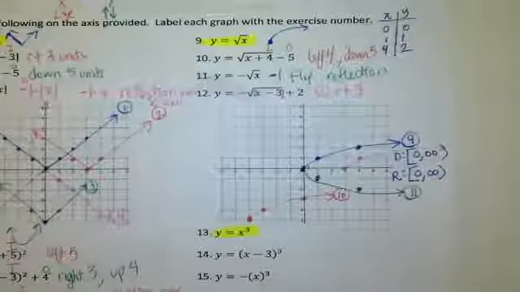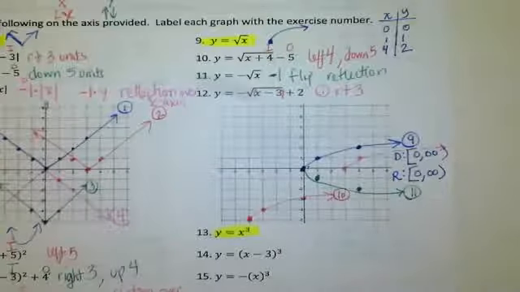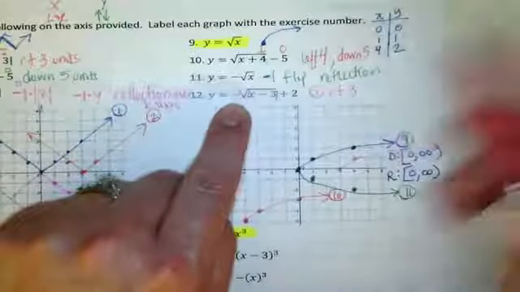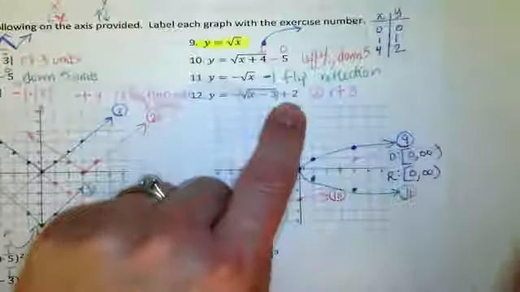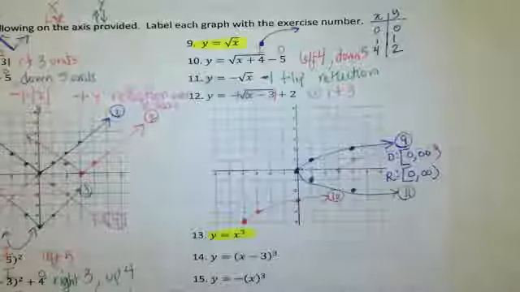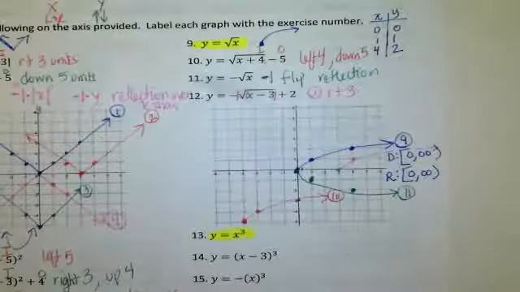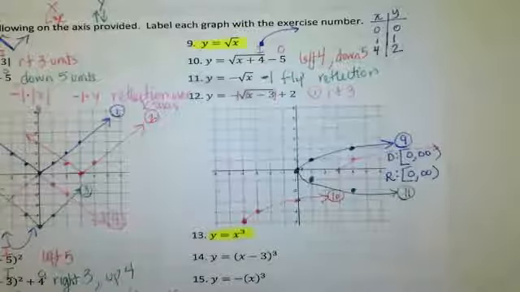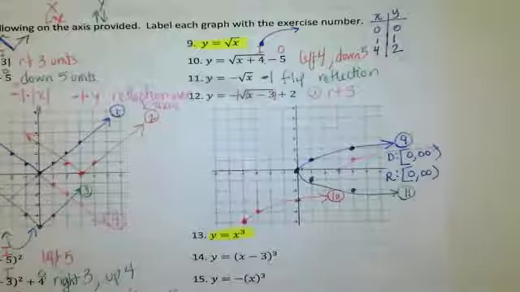Now I have 2 more transformations. I have the negative, which is like a -1, and then I have that +2. So the question is, which do we do first? Negative. Why do you think you would do the reflection first?